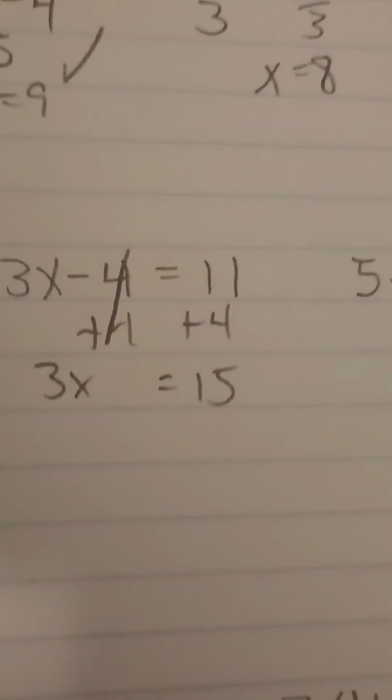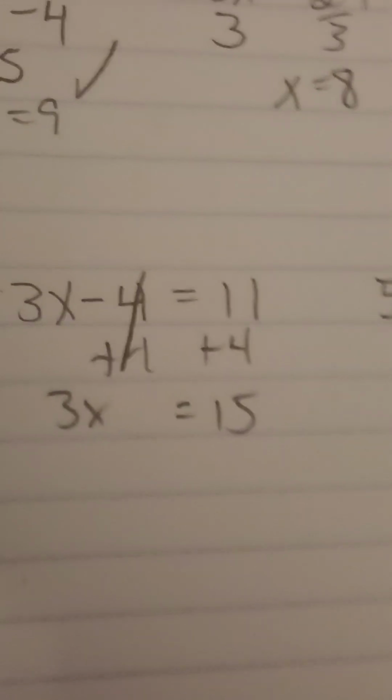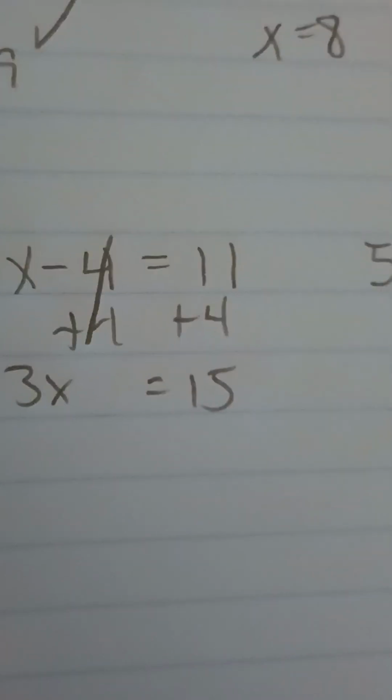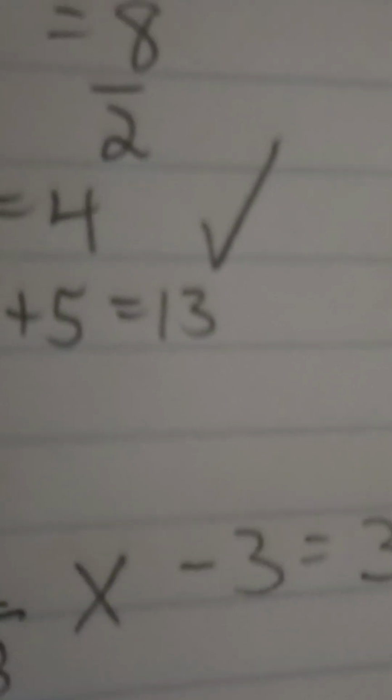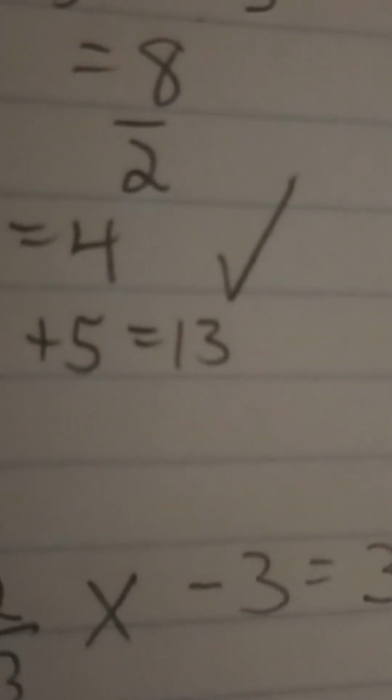The negative 4 and the positive 4 cancel out. That means 3 times x equals 15. So I divide both sides by 3, and I get x equals 5. And 3 times 5 is 15, minus 4 is 11, so that does work.